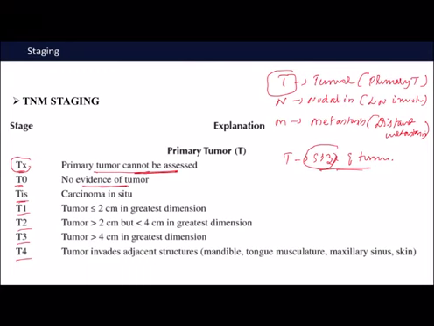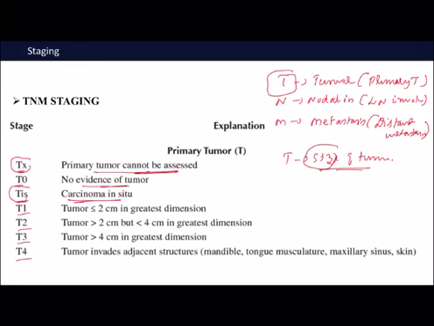Now after that comes Tis, where we use the word carcinoma in situ. It means that it is almost going towards a cancer stage, but it is just one step before the cancer, what we call carcinoma in situ, that is Tis, right?